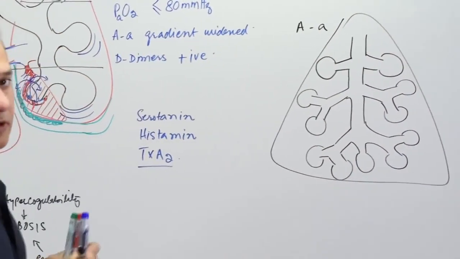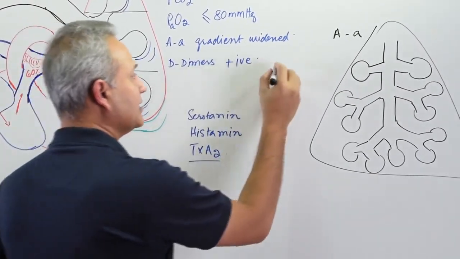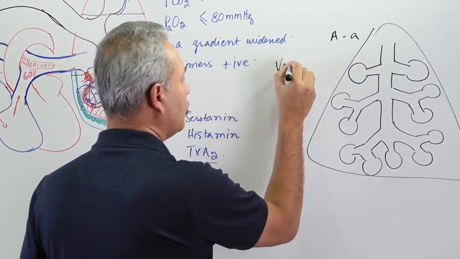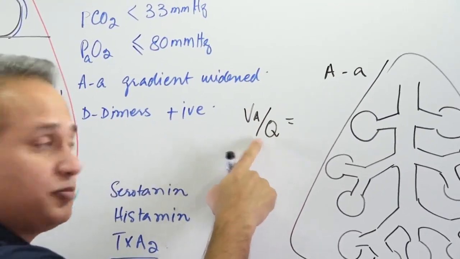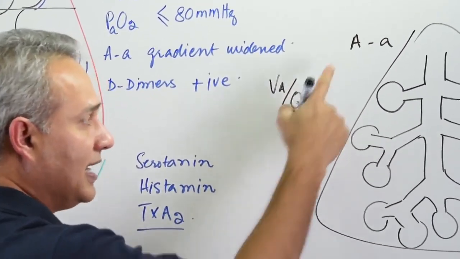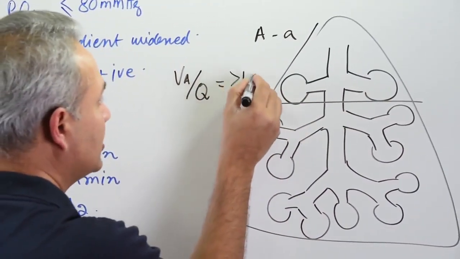Of course it's a conceptual diagram. You know that the VA over Q ratio, the ventilation perfusion ratio, in the apical areas is usually greater than 1.0.